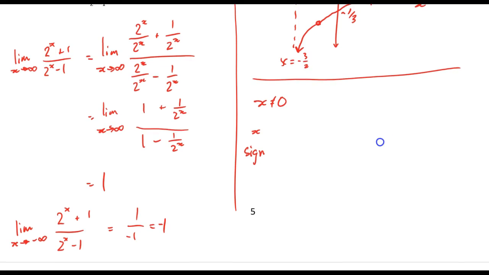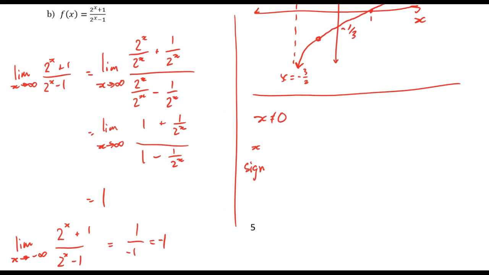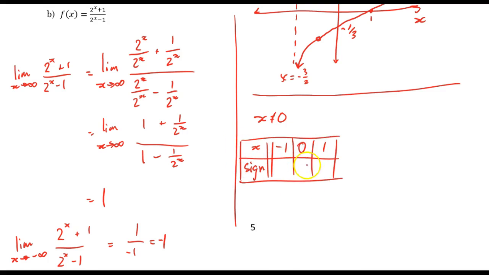And I need to check what happens either side of 0. 0, negative 1 and 1. At x equals 0, my numerator is 2 to the 0 plus 1, which is 2. My denominator is 2 to the 0 is 1 minus 1, so undefined.